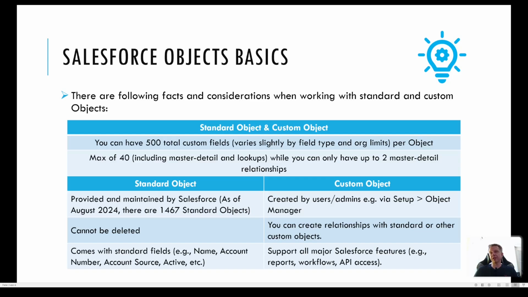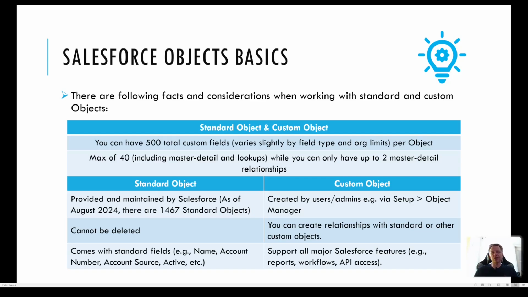They just come with that package. Currently, and that's a number from August 2024, there are more than 1,467 standard objects in Salesforce. And as said, it depends on the cloud you're using, okay?